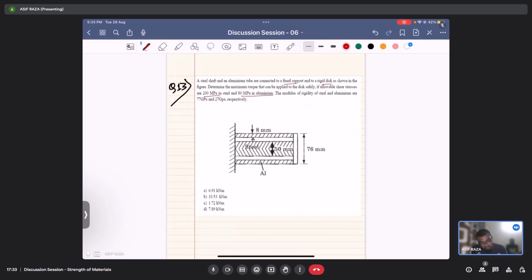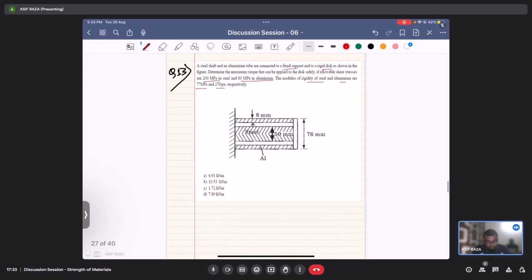The modulus of rigidity of steel and aluminium are 77 GPa and 27 GPa respectively. Okay, so as you can see in the diagram, there is a steel shaft with a diameter 50 mm, and it's inside an aluminium tube with the thickness of 8 mm.